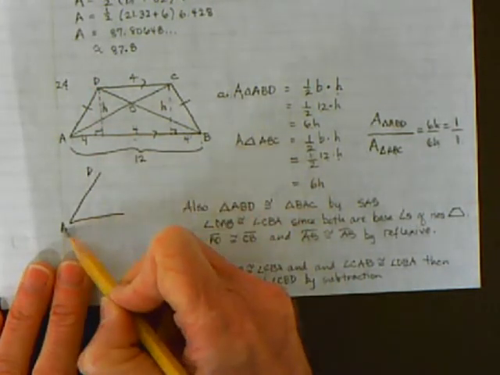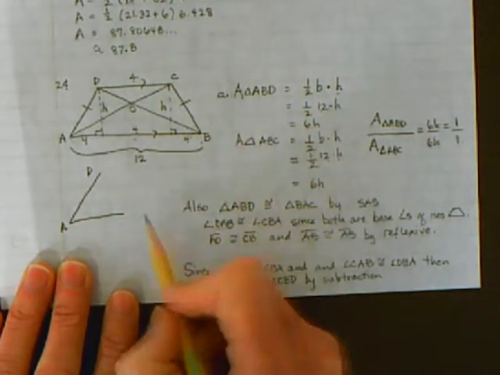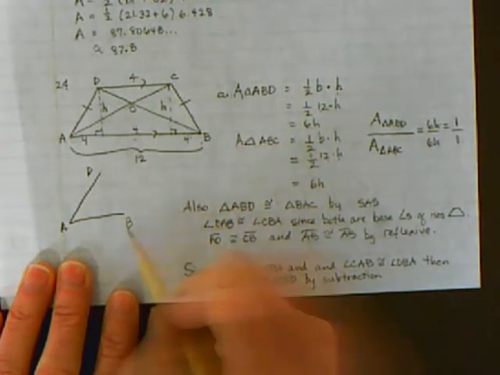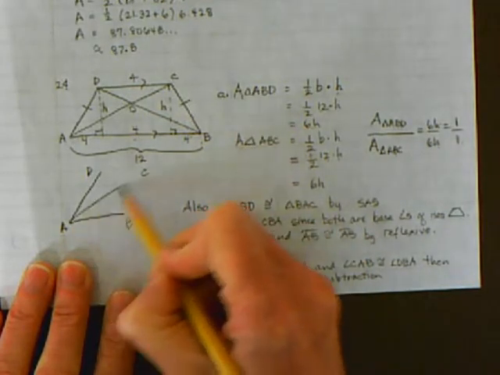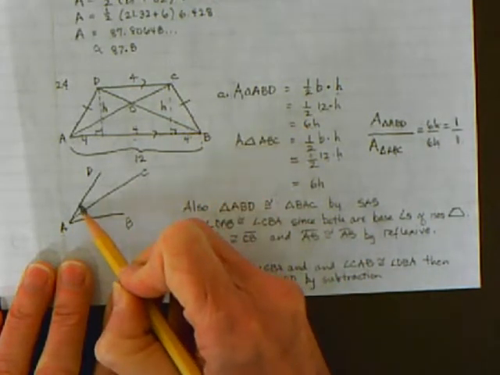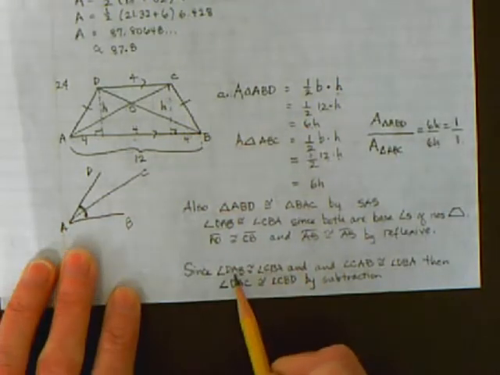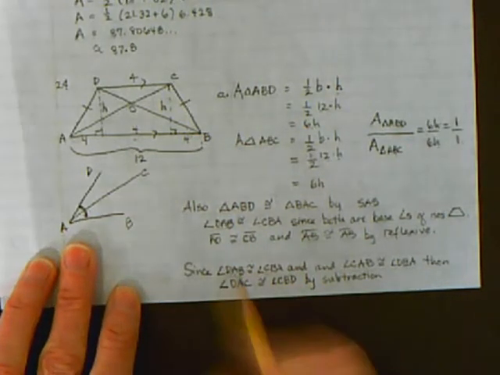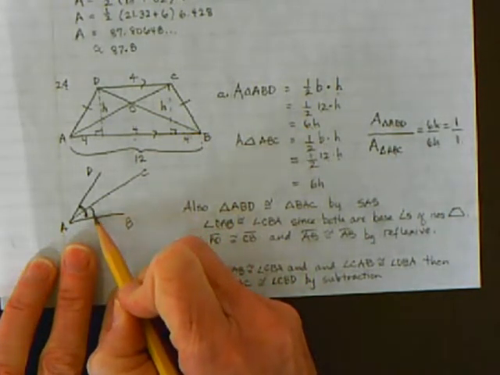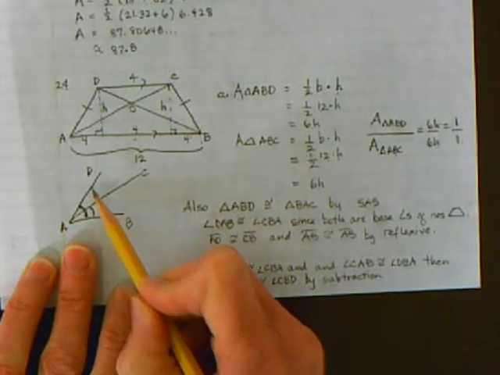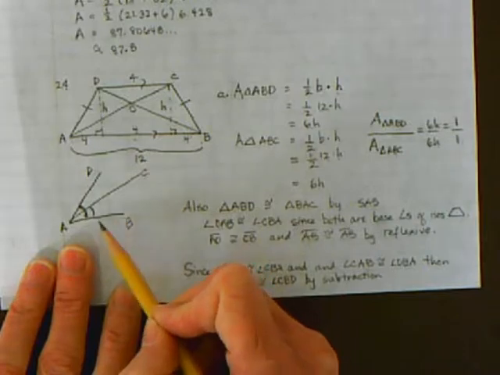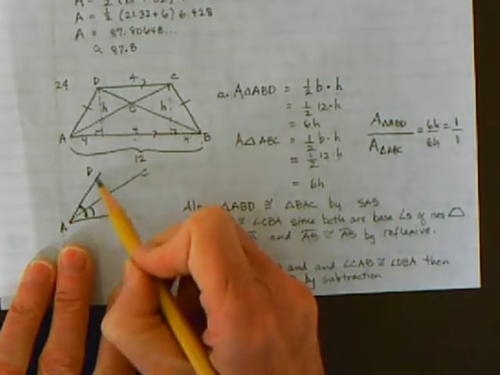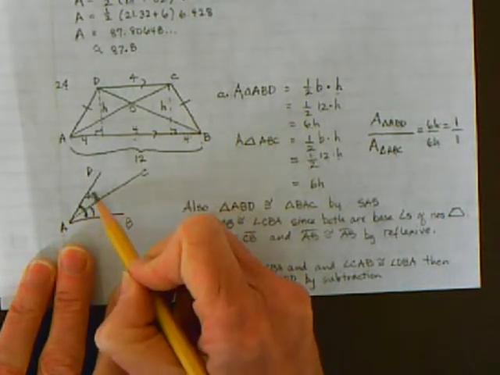DAB, you know, somewhere out here, and my C is somewhere out here. Okay? So what I'm saying is I've got the whole big angle congruent, DAB, and I also have CA congruent. And so when I subtract this big angle DAB from CAB, what's left is this angle, DAC, right here, this guy with the star.